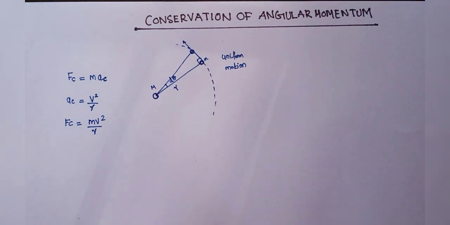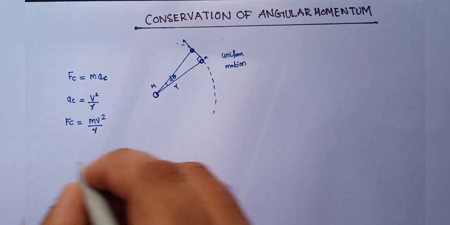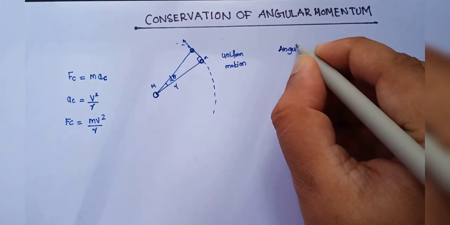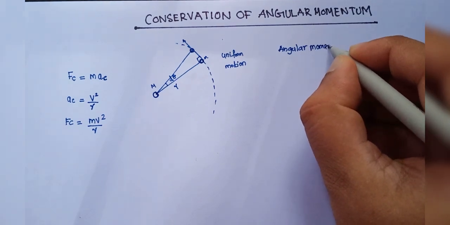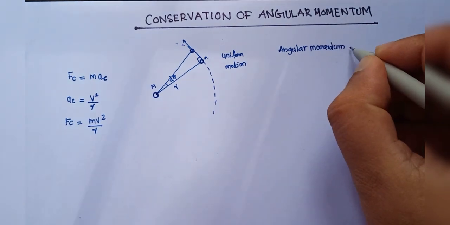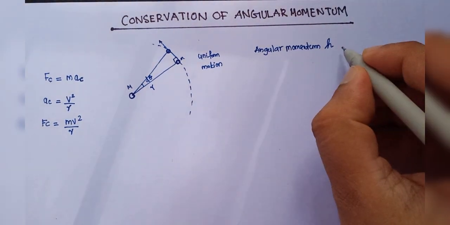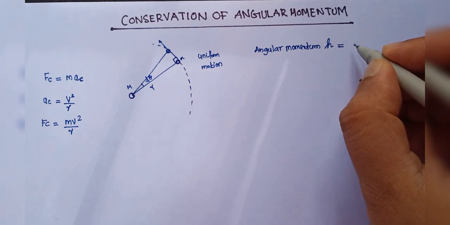Now, in your elementary classes you have learned what angular momentum is. In space mechanics, we normally denote angular momentum as h. So h is the rotational analog of the linear momentum.